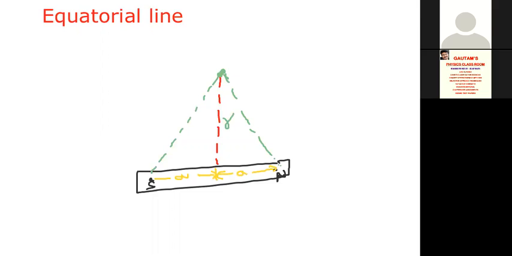Remember, wherever you want to find the magnetic field, always imagine a unit north pole. Here I am imagining a north pole of unit pole strength. Nothing is actually there, you have to imagine it.